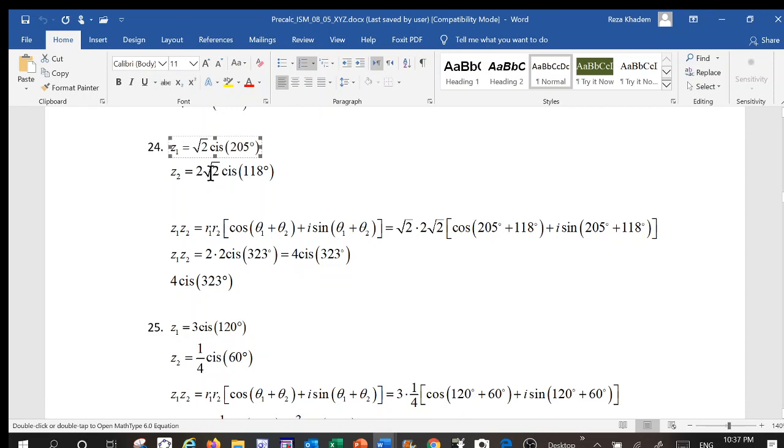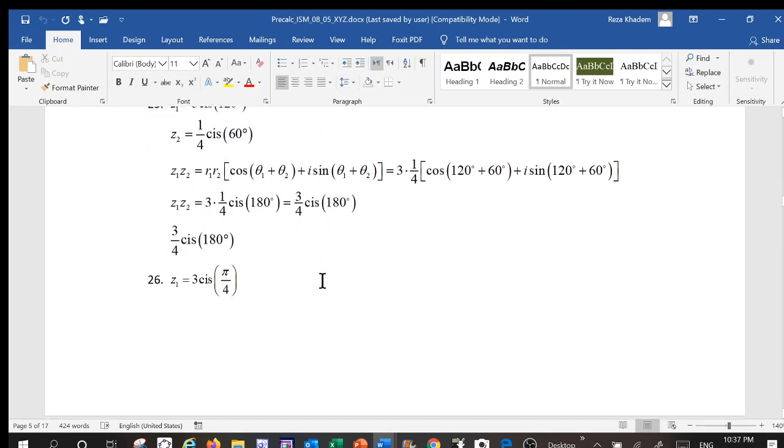So square root of 2 times 2 square root of 2 is 2 times 2, which is 4. So that's the 4 right there. And now the angles are 205 and 118, so we have to add them. 205 plus 118 is 323. So that's all there is to it, right? It's very easy to find.